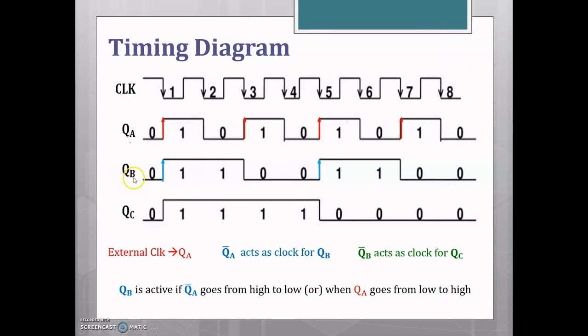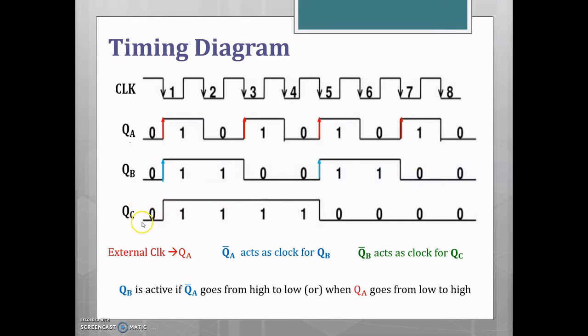So QB is active when QA goes from low to high. At this point, the B flip-flop is active, so it changes its state from 0 to 1. This 1 will remain unchanged till QA changes again from low to high. Again at this point, the B flip-flop is active, so toggling occurs from logic 1 to logic 0. Similarly, for the remaining clock pulses.